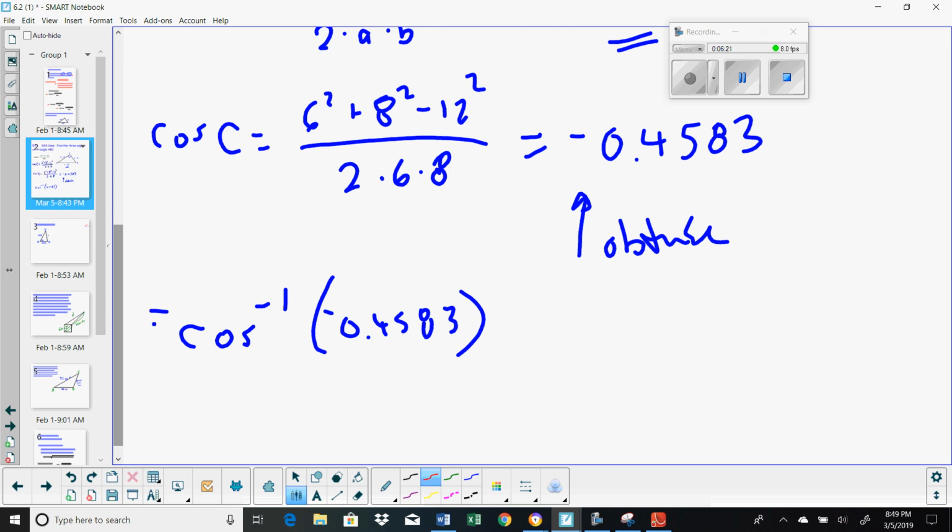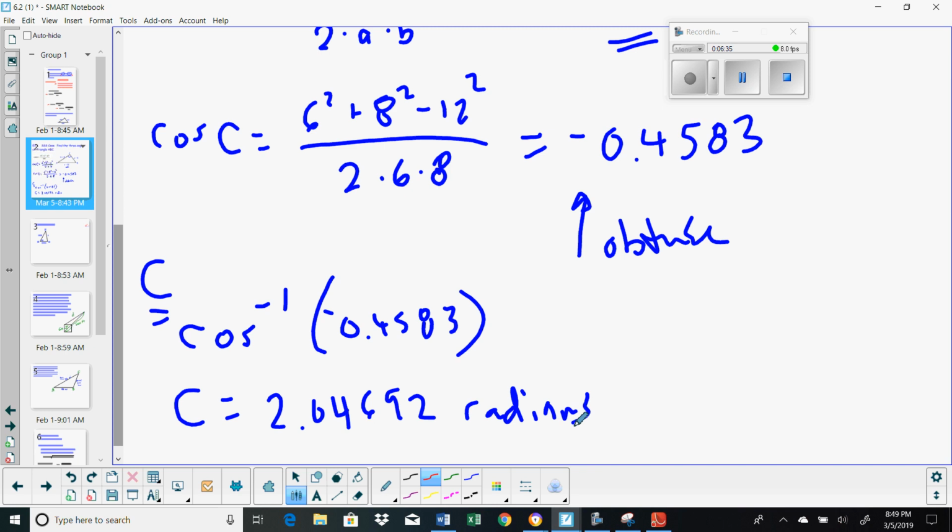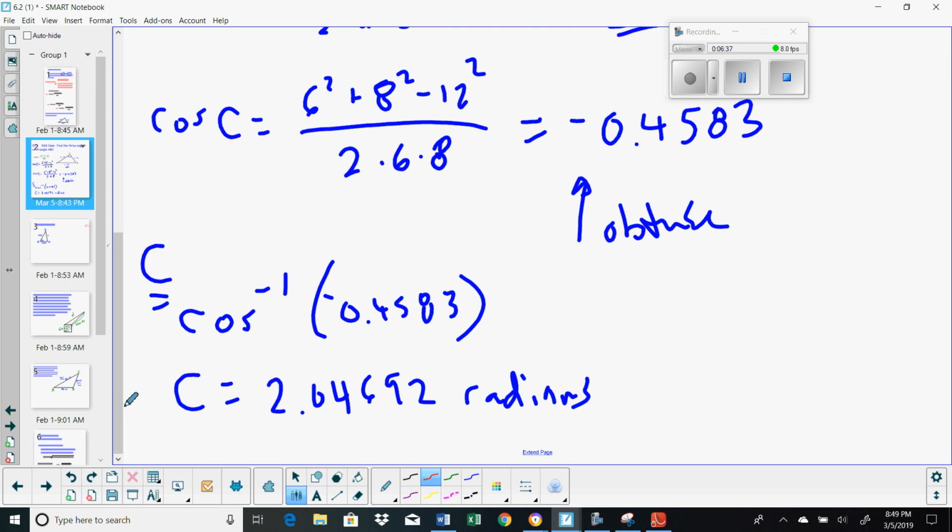So remember, this is our angle C, and so C is turning out to be 2.04692, but that's in radians, and so we want to convert that to degrees. In order to do that, we're going to multiply by 180 and divide by pi.